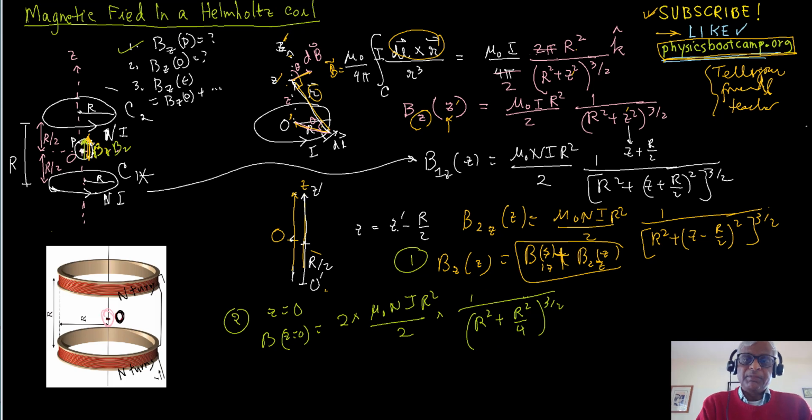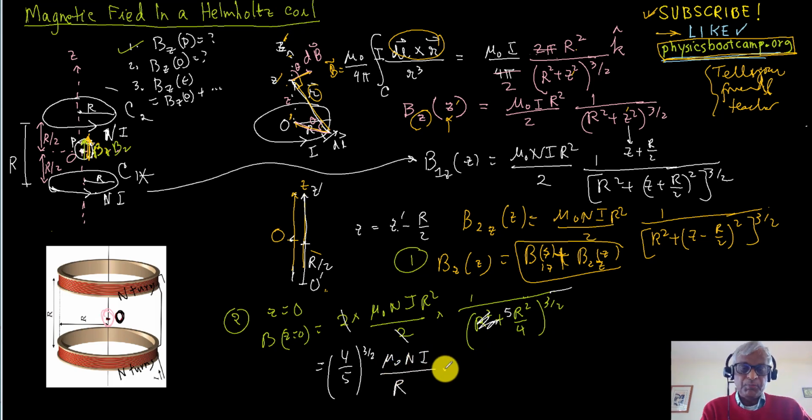So let's simplify it. So this whole thing is 5/4 r square, and this cancels out. So this is 4/5, it's going to flip, and that's going to be 3/2 mu naught n i, and you'll have an r cube, and that over r. Yeah, I think that's the answer for 2.